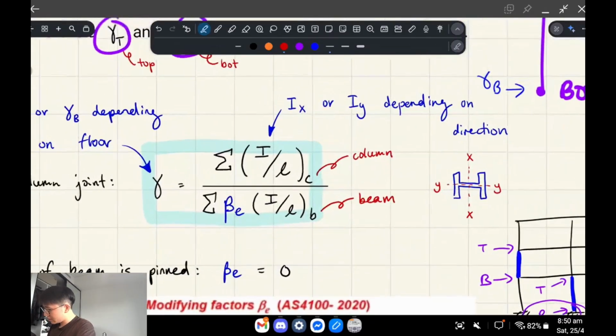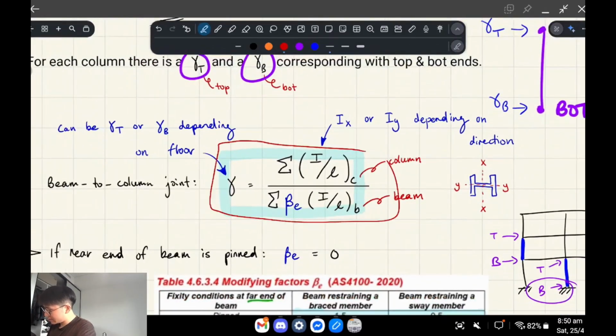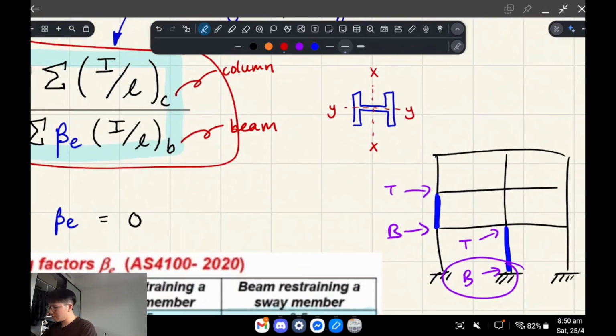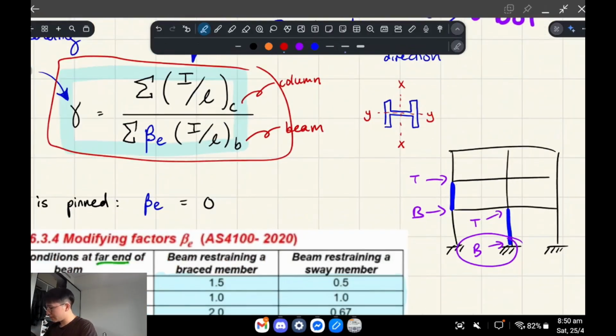Anyway, I'll show you how this ends up manifesting, but on the top of the fraction, you want to sum all of the inertia values for the columns over the columns' lengths, and these are the columns that are touching it. So if we were looking at this first column, for example, you want to find the properties of the columns above, oh sorry, my bad.